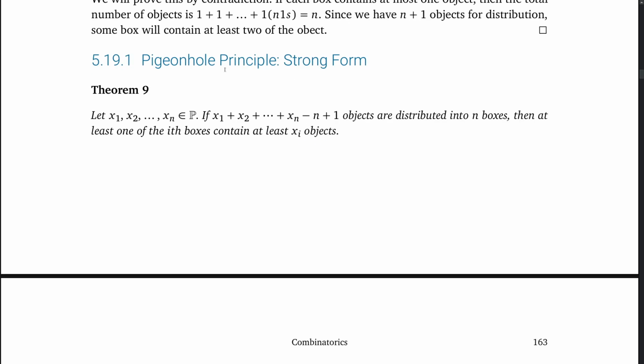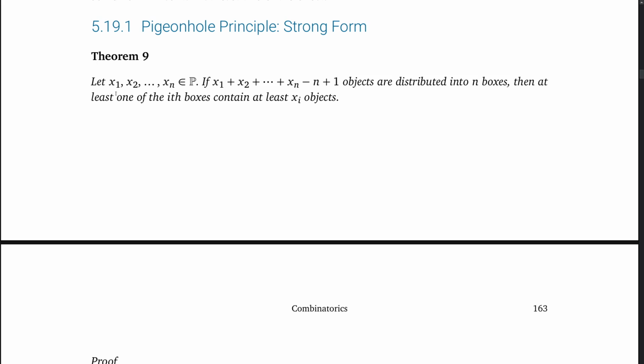Now the strong form of the pigeonhole principle is given here. Let x1, x2 through xn belong to the set of positive numbers. If x1 plus x2 through xn minus n plus 1 objects are distributed into n boxes, then at least one ith box contains at least xi objects.